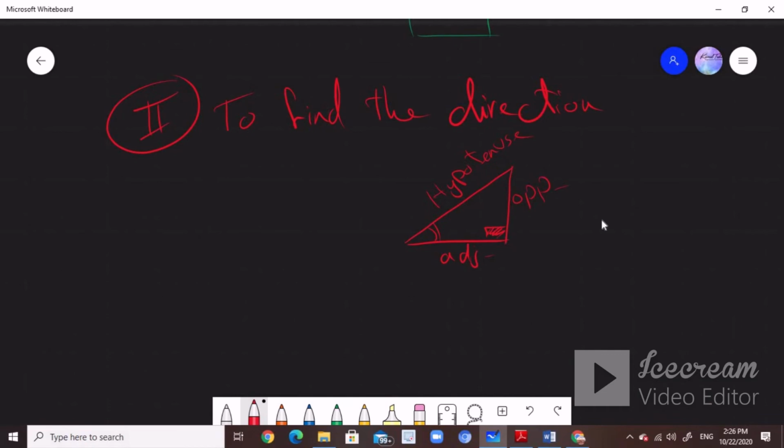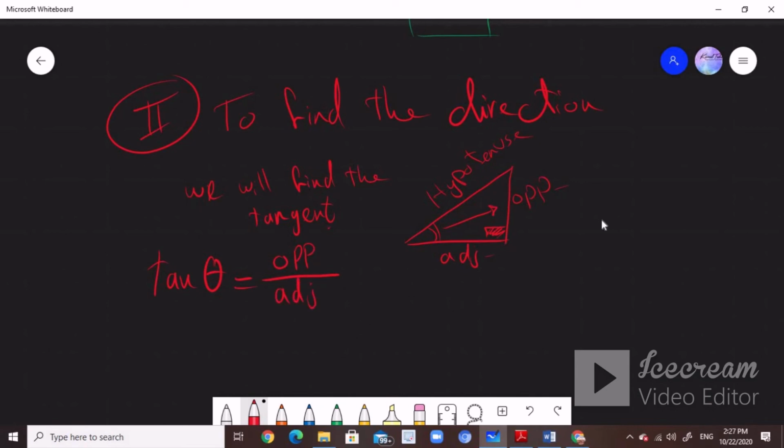Now we will use something called tangent, with a silent T. The rule, or the equation, is tan theta equals opposite divided by adjacent.